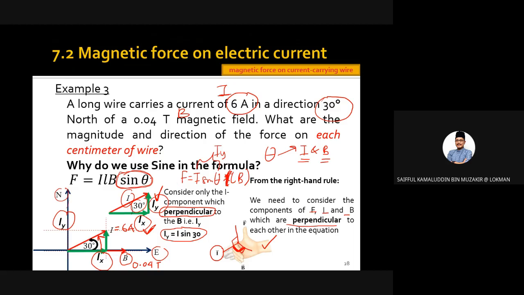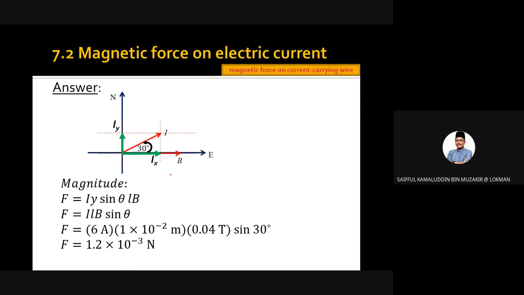This is the origin of the sine symbol in our formula of F. Now, so this is the answer. Okay. This bukan IY, this is I sin theta. Ini silap, bukan IY. This is I sin theta times LB. And we always could rearrange formula: ILB sin theta.